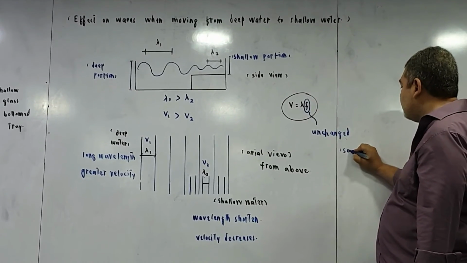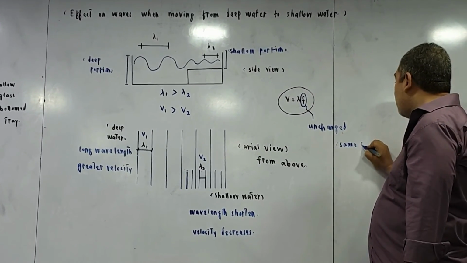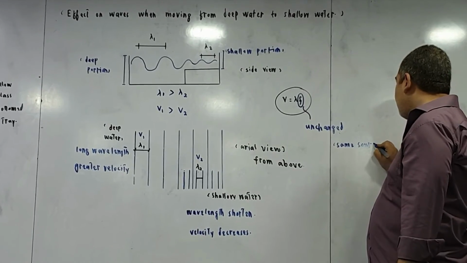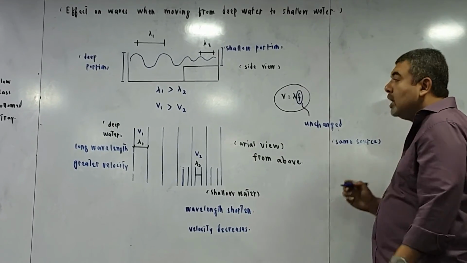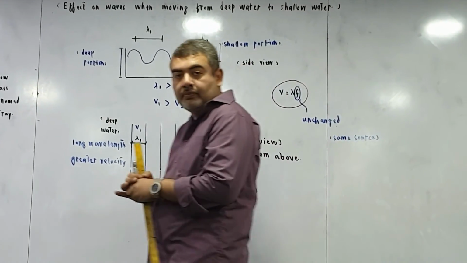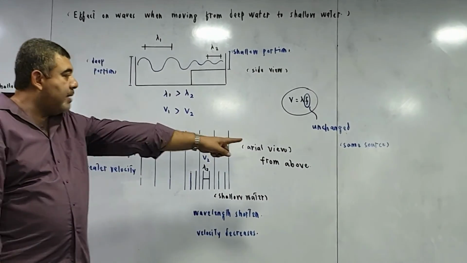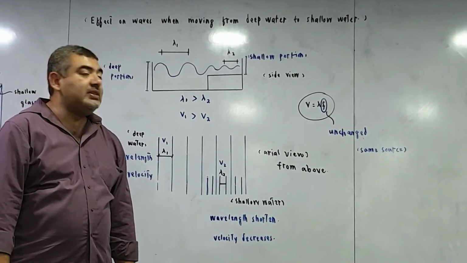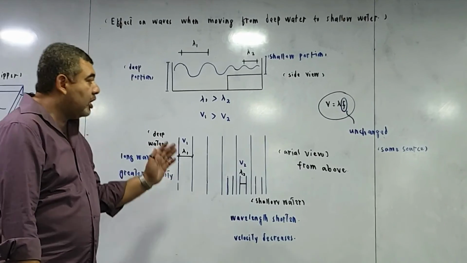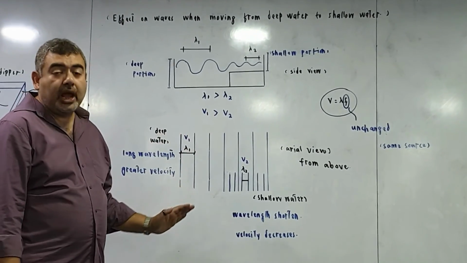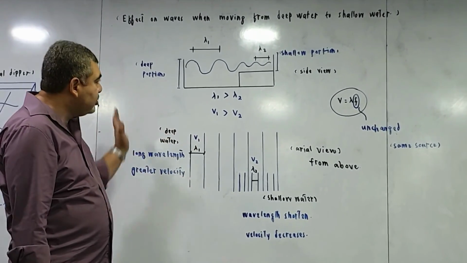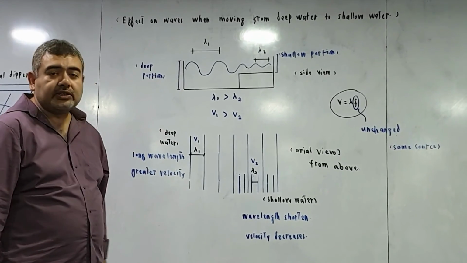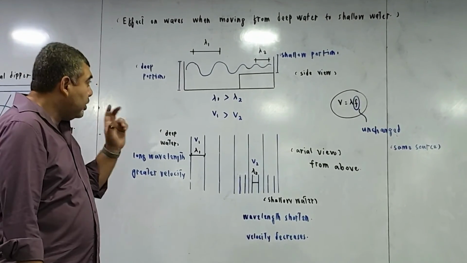Simple answer, because we have the same source which is producing these waves. So having the same source, the frequency is unchanged, whereas velocity and wavelength will change respectively. How will it change? So definitely you have an idea कि किस तरीके से वो change करेंगे.